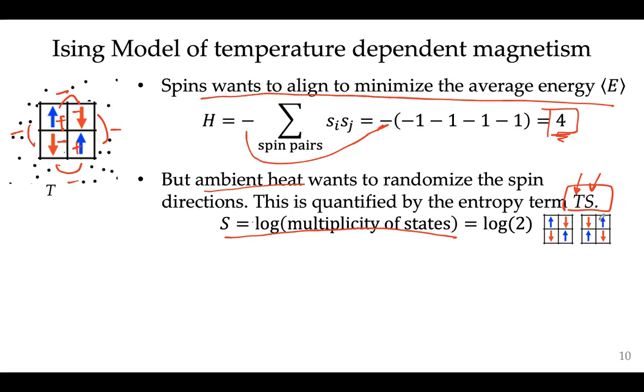You may ask, are there other possibilities, like up, up, down, down? No, for this configuration, if you calculate the energy, it's not 4. So for 4 spins in this lattice there are actually 2 ways, so the entropy will be log 2.